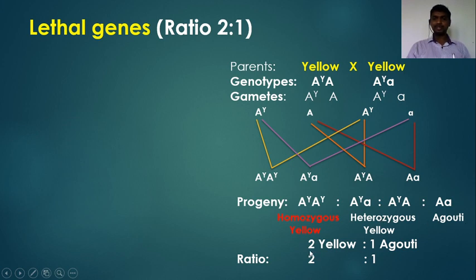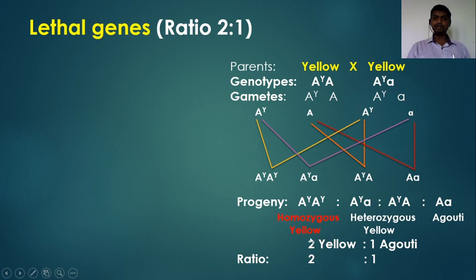So we get the ratio of 2 yellow and 1 agouti. If this individual had survived, we would say that we have 3 yellow and 1 agouti. But due to the lethal gene, this homozygous yellow is not able to survive.